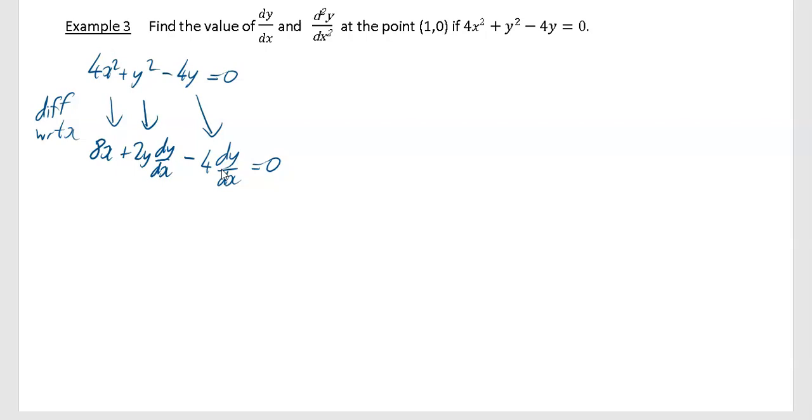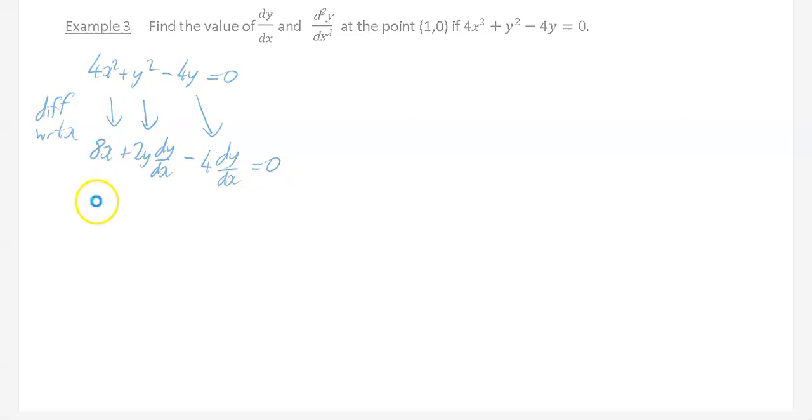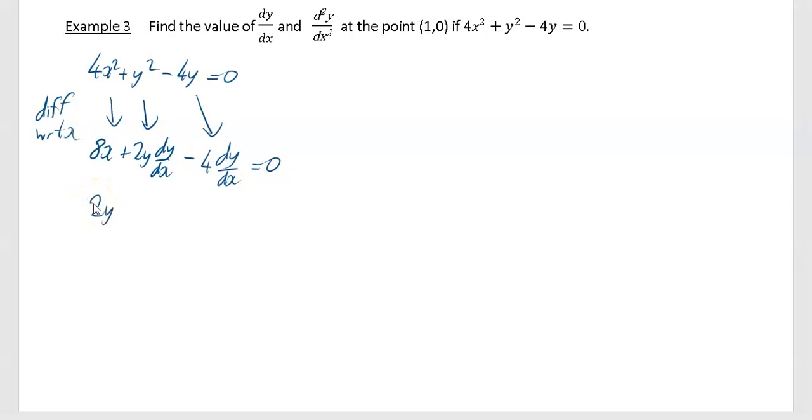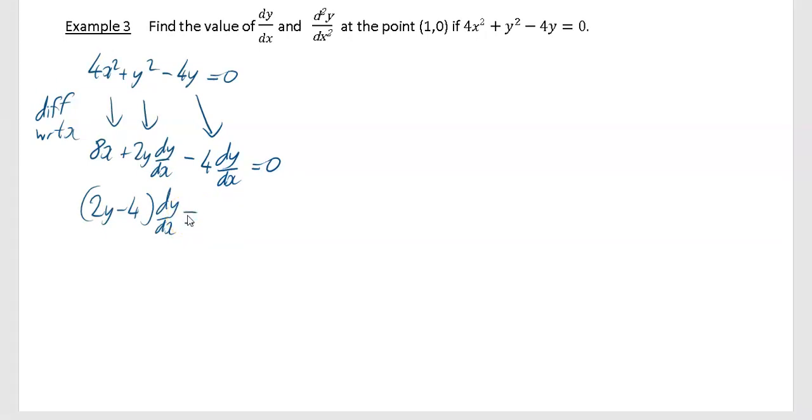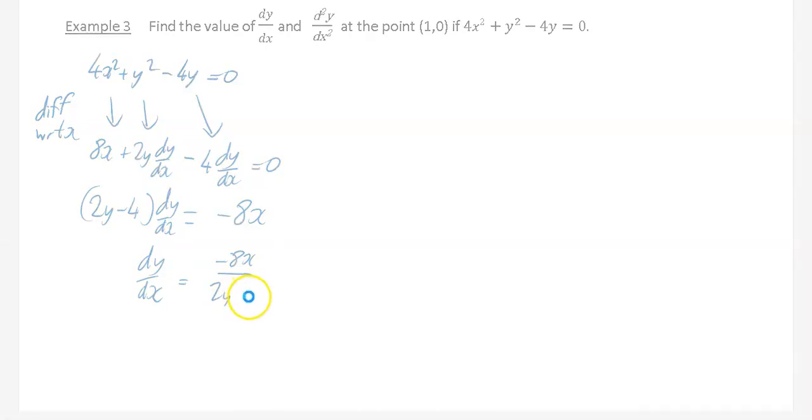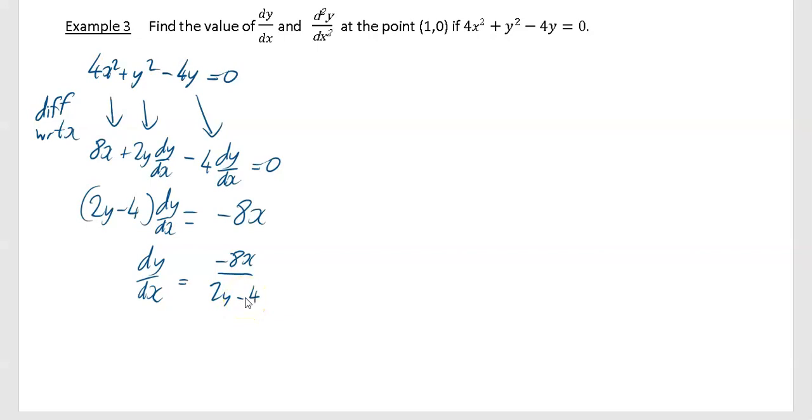So here we want to just isolate all the dy by dx terms. So you're going to have 2y minus 4 times dy by dx is equal to minus 8x. So you can say your dy by dx is equal to minus 8x over 2y minus 4.